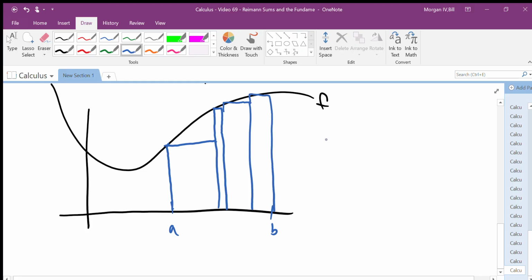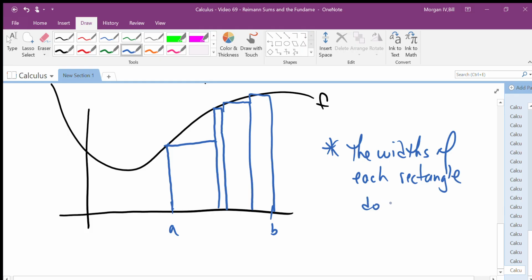In other words, the widths of each rectangle do not have to be the same. It was easier for my calculations before, but it wasn't the more general form.